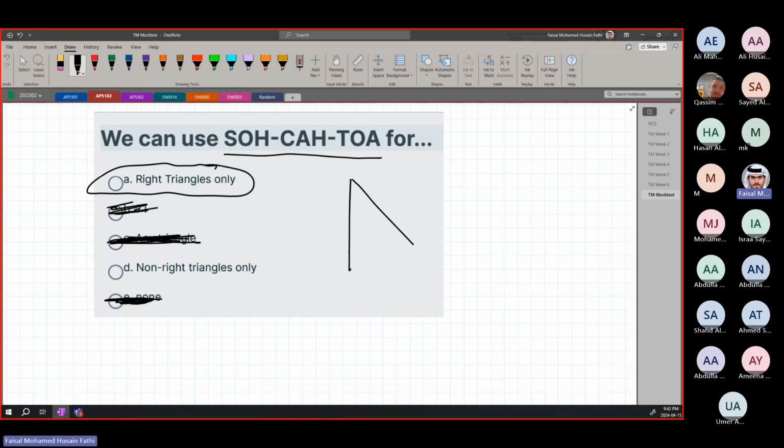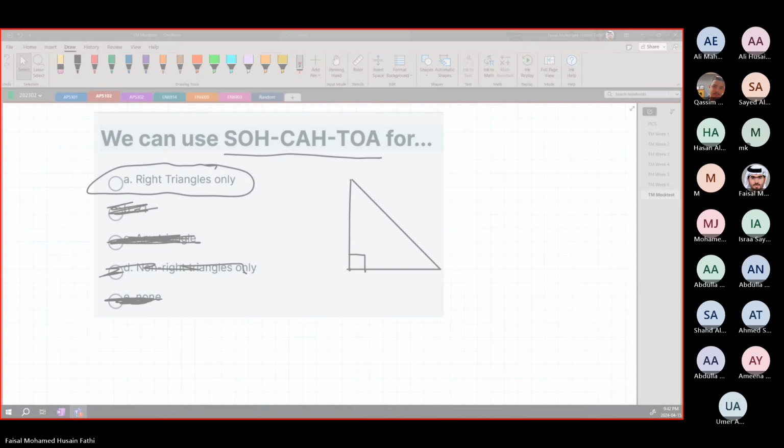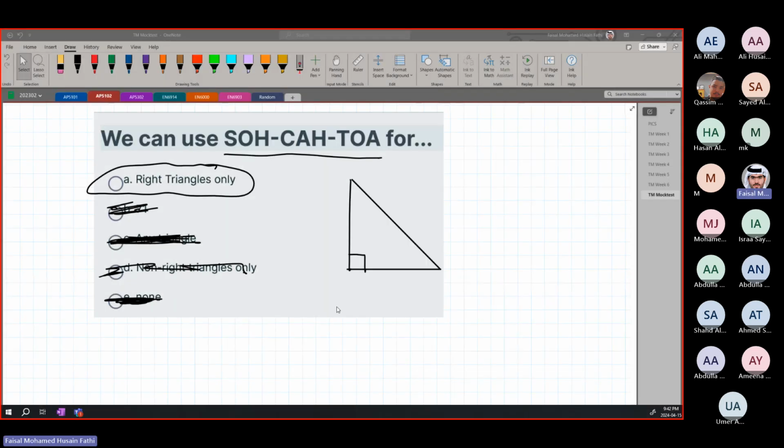A right triangle is basically a triangle that has a right angle. So not this either. Non-right triangles? No. We can only use it for right triangles. Next question. Also, by the way, not just SOHCAHTOA, also Pythagoras. You can only use it for right triangles.